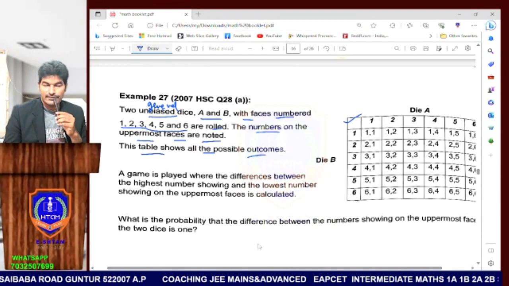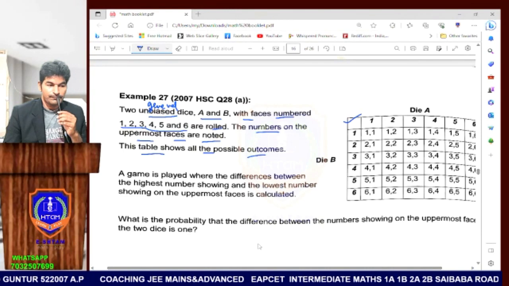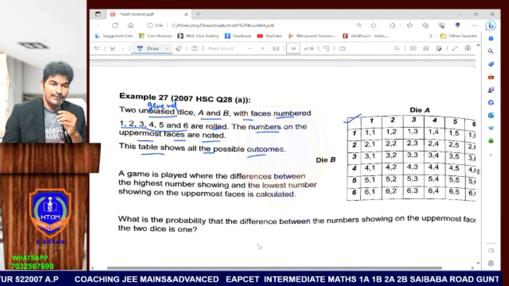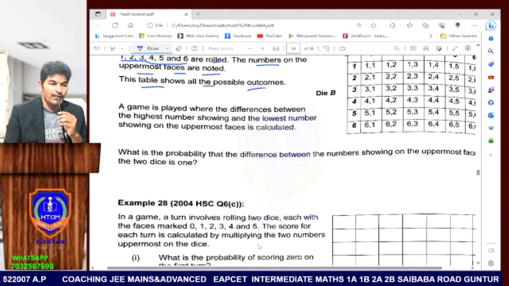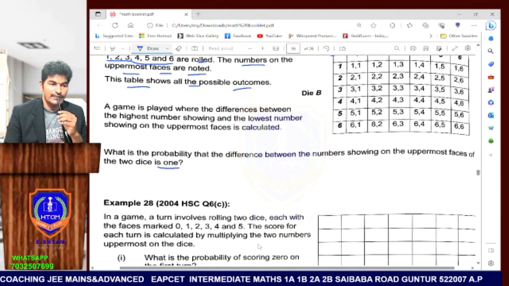We already know this table. A game is played where the difference between the highest number and the lowest number showing on the uppermost faces is calculated. What is the probability that the difference between the numbers showing on the uppermost faces of the 2 dice is 1?